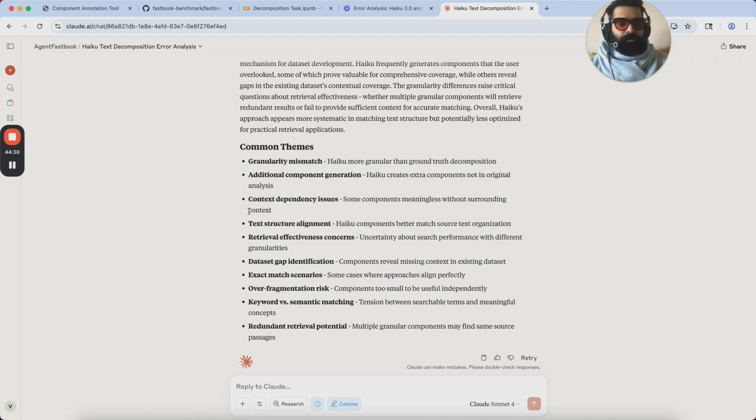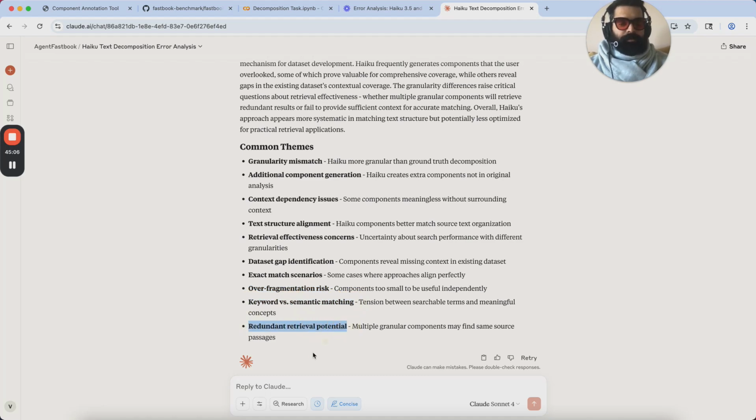I'm trying to capture retrieval effectiveness concerns. I'm trying to capture context dependency issues, which are kind of related, right? So dataset gap identification is not a failure mode. It's actually kind of a constructive benefit. Exact match is not a failure mode. Over-fragmentation risk. Keyword versus semantic matching is not a failure mode, but is an interesting thing.